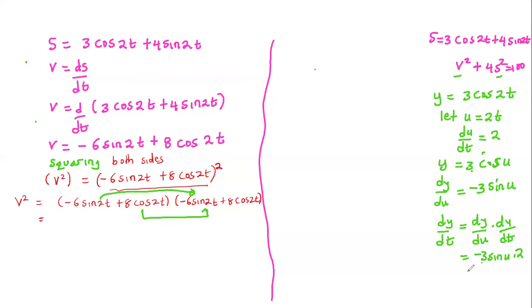So negative 3 times 2 gives you negative 6 sine of u. But this u, we equated to 2t. So we shall have negative 6 sine of 2t. So that's how we get it.